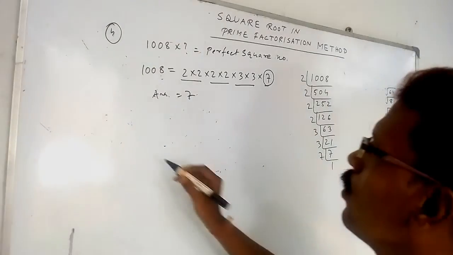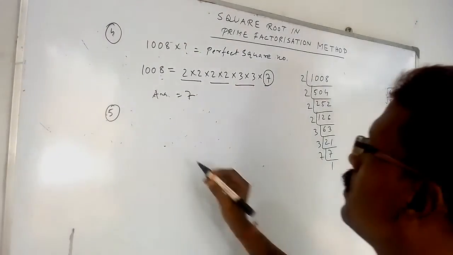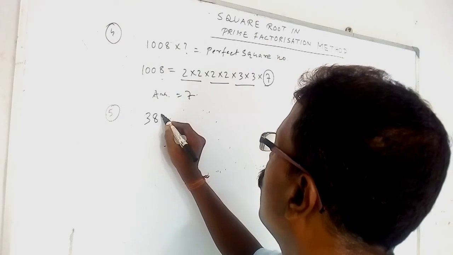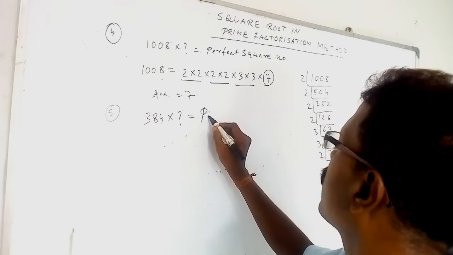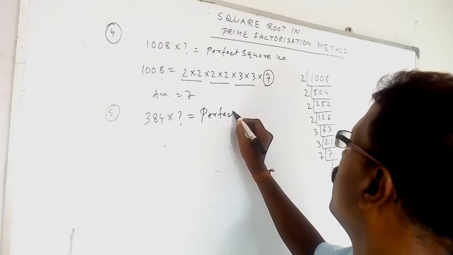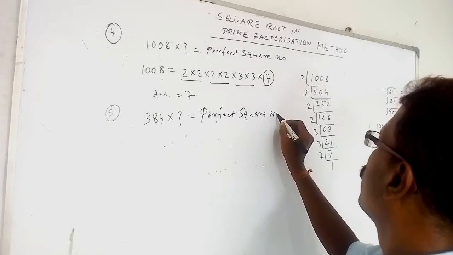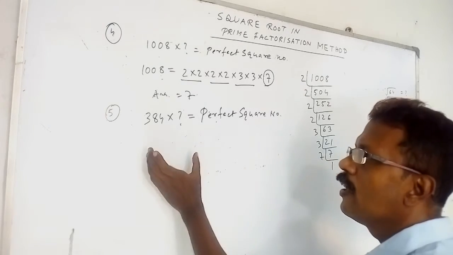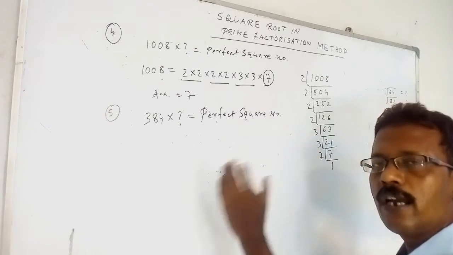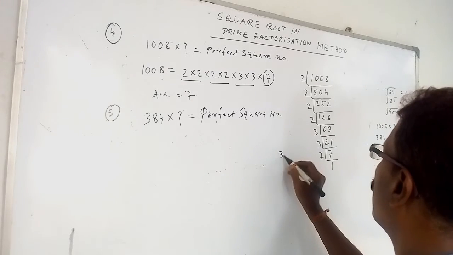This is the process. Now number 5. 384 into what to make it a perfect square number? The process is similar. That is, 384 is to be prime factorized first.